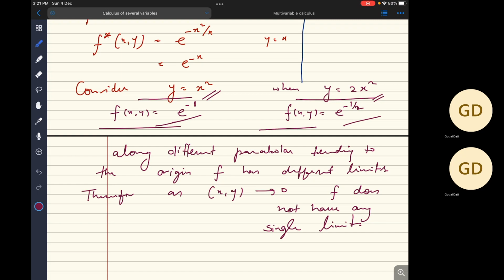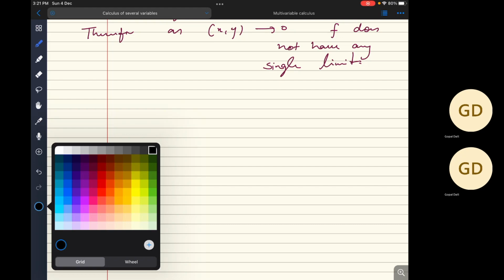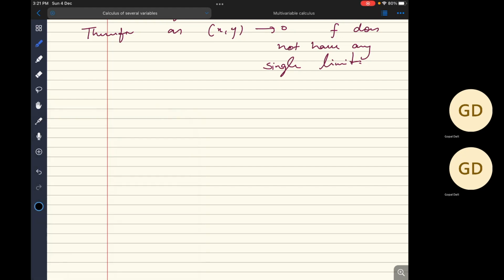Thus, we cannot extend this function to the origin. This example shows that a function of several variables may have discontinuities of a much more complicated type than a function of a single variable.